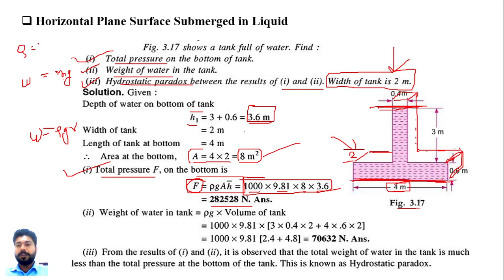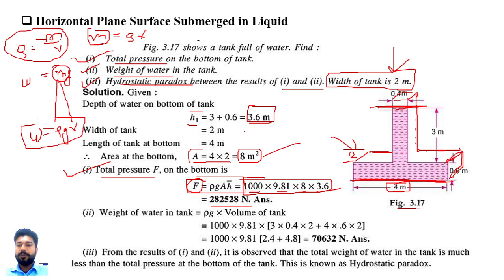Density equals mass upon volume, so from this equation, mass equals rho into V. This mass is replaced by rho into V. So the weight of water equals rho g V.